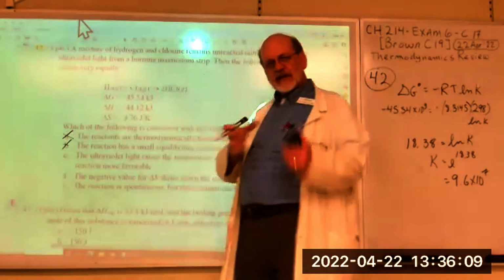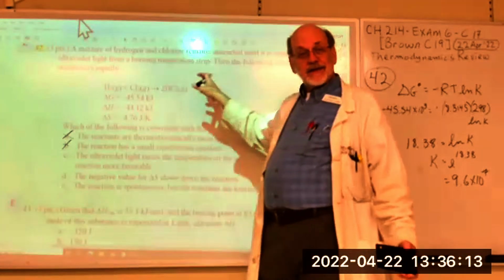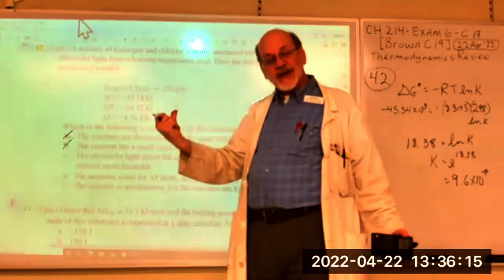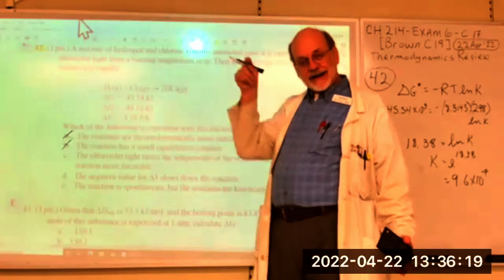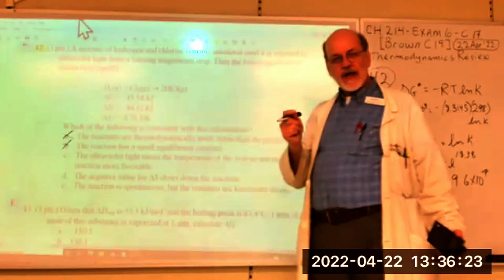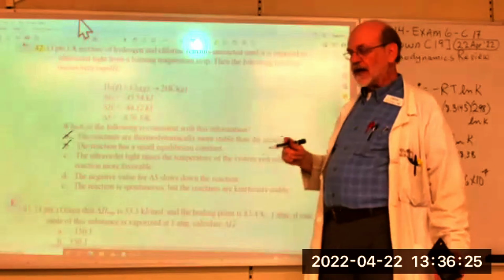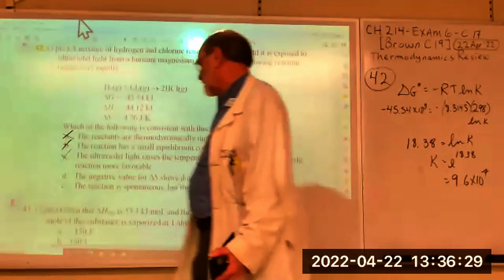These gases are contained in a bubble, in a glass ball. We light the magnesium strip outside the bubble, not inside. So it's just the light that gets through that sparks the reaction. So that's activation energy. So this one's false. It does nothing to the temperature.